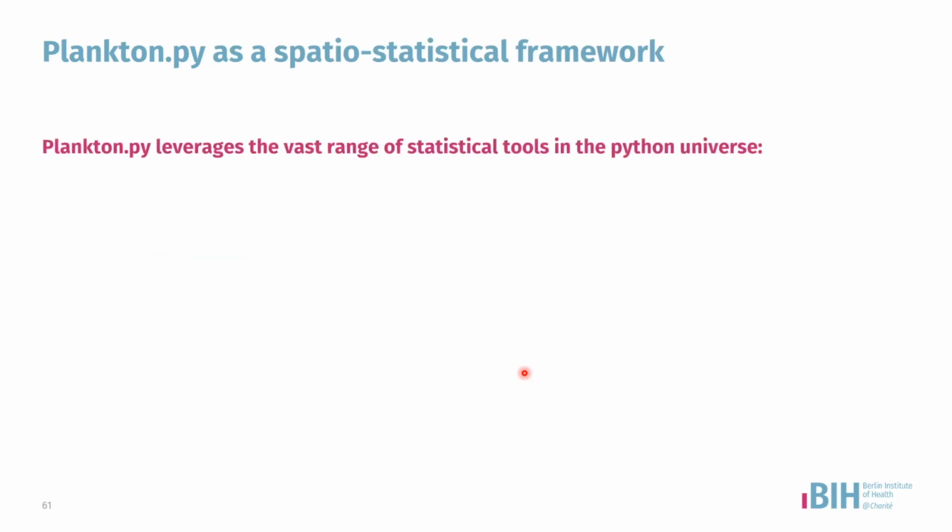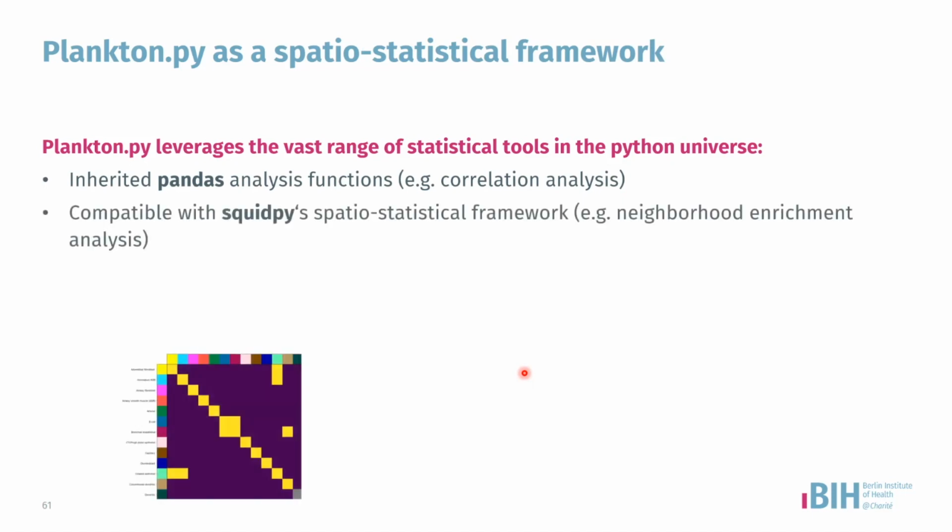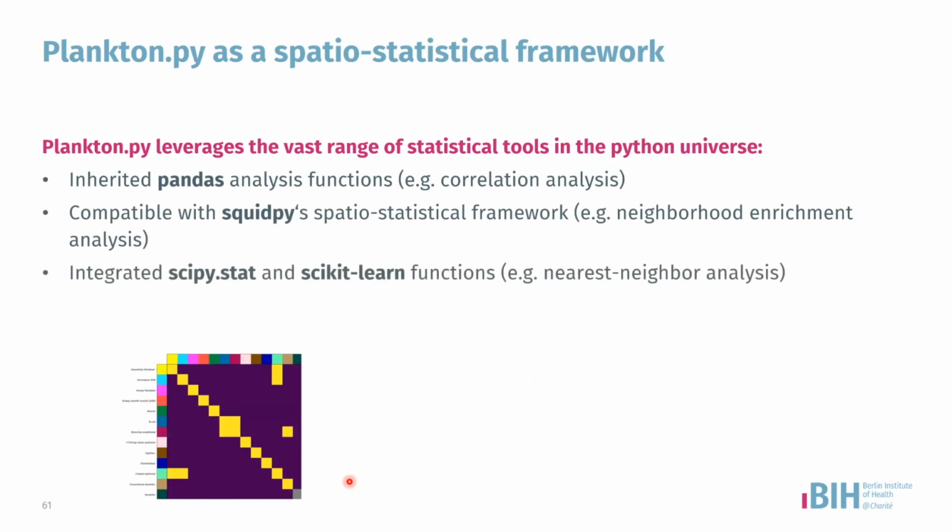Plankton.py leverages a very large number of statistical tools in the Python universe. It inherits pandas analysis functions, so things such as simple correlation analysis. It's compatible with SquidPy's spatial statistical framework, such as neighborhood enrichment analysis, so you can see how cells are co-associating with each other, or sorry, how genes are co-associating with each other.